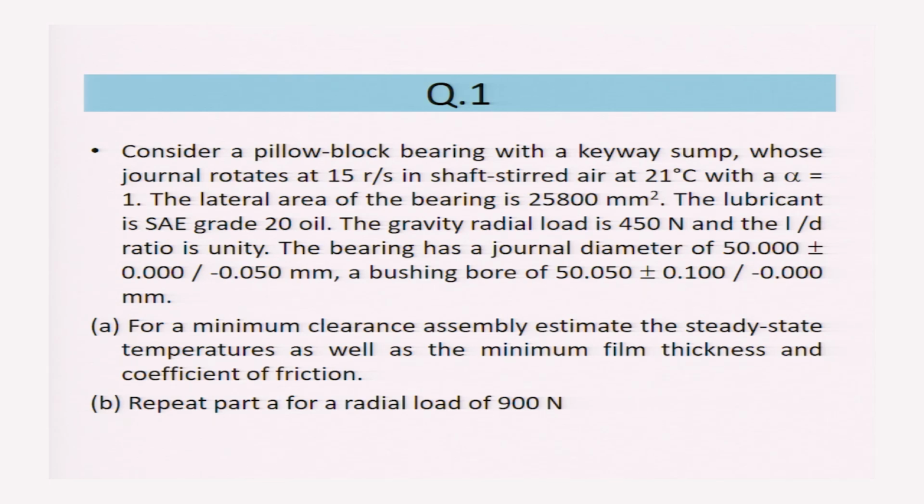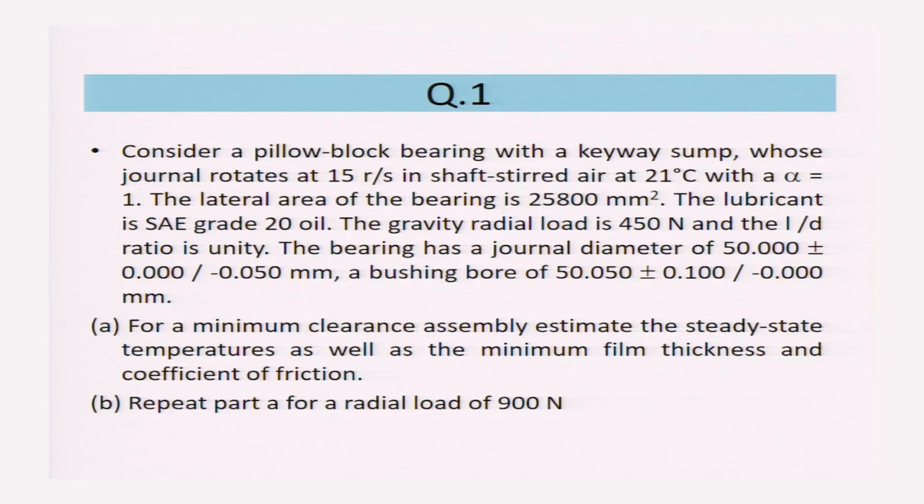Let us see a numerical problem for a self-contained bearing, so that we may know how to select a fluid film temperature, initially the trial temperature, and by comparing the heat generation and heat loss, we will get the final temperature, and based on that we will get the Sommerfeld number and other performance parameters. So, let us see how that is done.